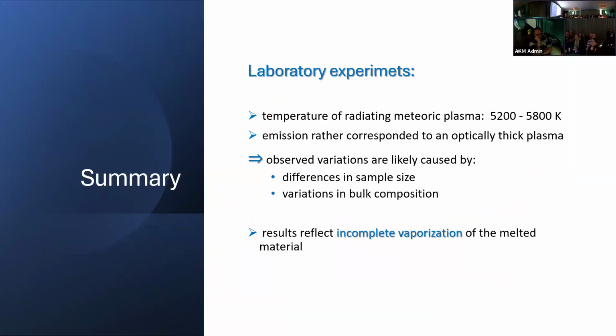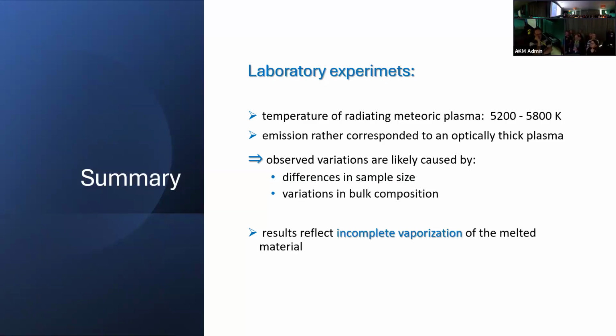Okay, so to sum up, our modeling of meteor spectra showed that the radiating plasma had temperatures over 5000 kelvins, with emission that rather corresponded to an optically thick plasma. And the observed differences likely result from differences in sample size and bulk composition.